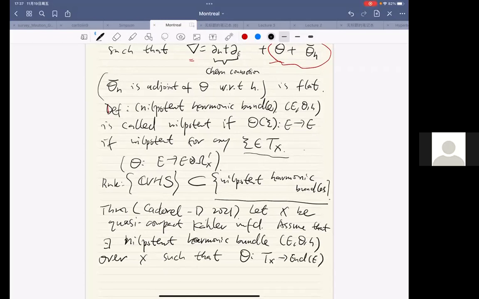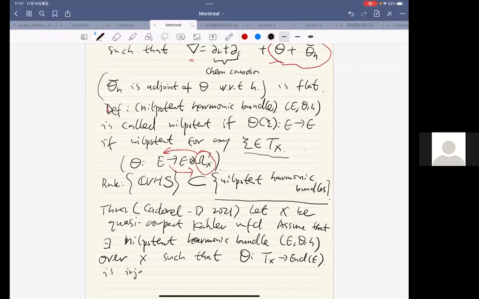Here you can write theta, and move the form over, so you can also think of theta as a morphism from TX to the endomorphisms of E, which is injective.